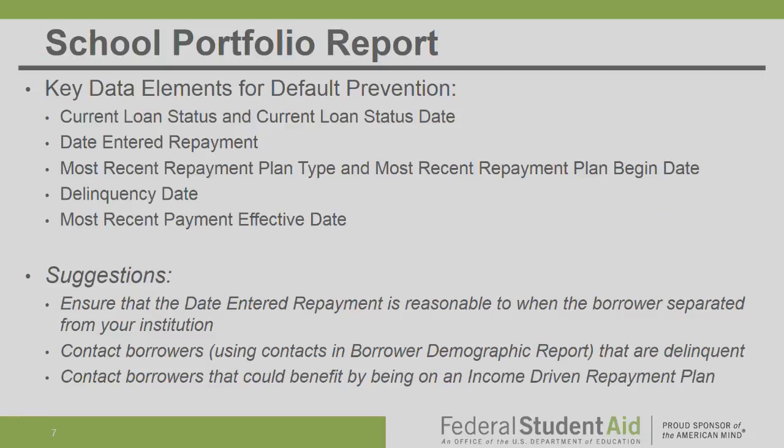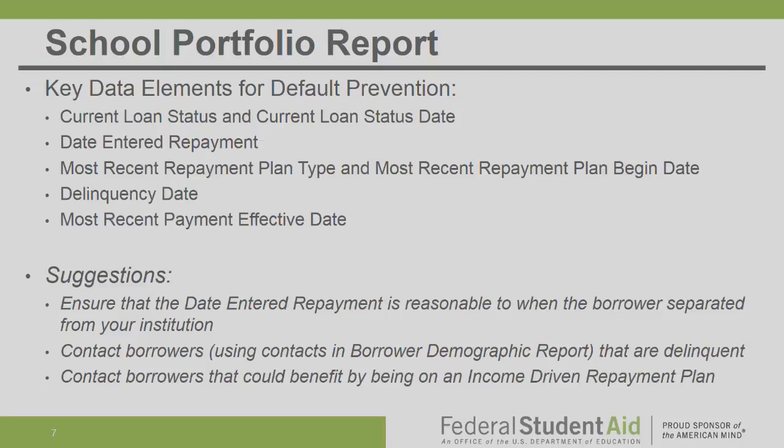We're up to 3 million emails sent this year to get borrowers on income-driven repayment. If you see a borrower in standard repayment, and you think income-driven repayment will help reduce potential delinquency, you can reach out and suggest the borrower explore other options with one of our servicers.